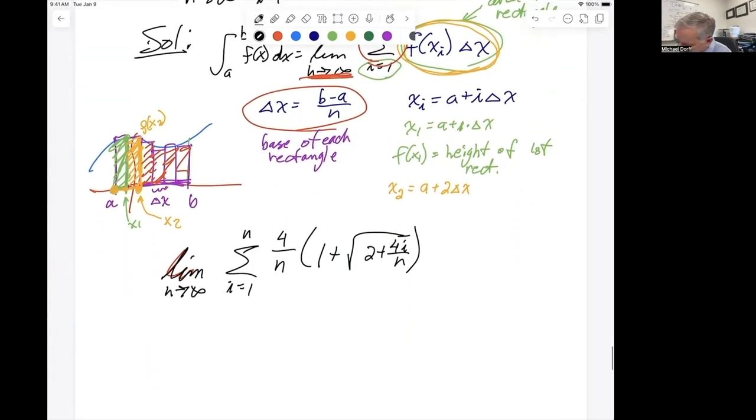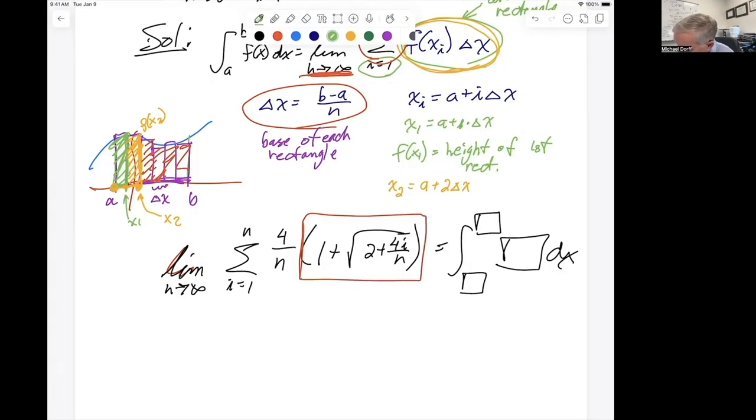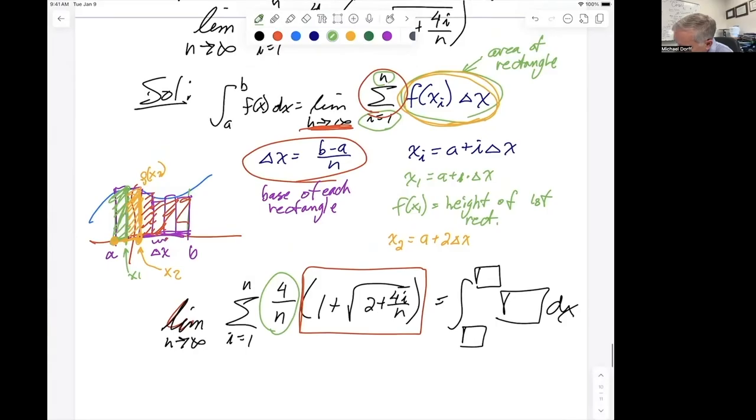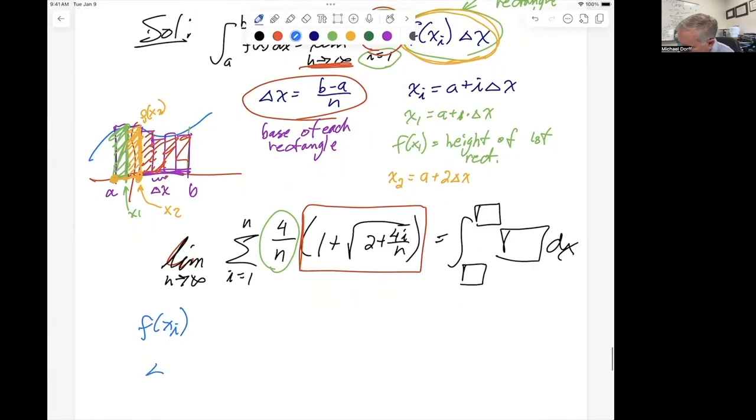Okay, and I want to write that as an integral, and I need to figure out what a is, what b is, and what my function is there. Well, what do I do? I look at this, and I've got two terms. I've got this in the box, and then I've got this in the circle. All right. One of these is f of x sub i, and one of them is delta x.